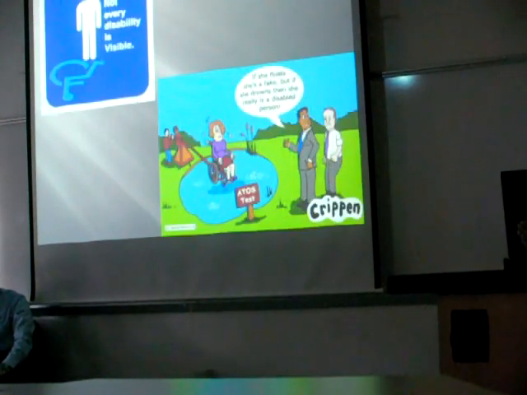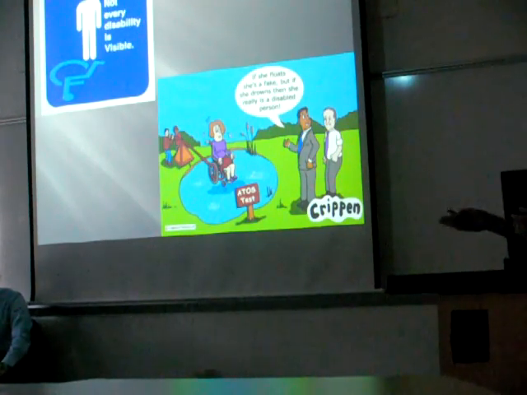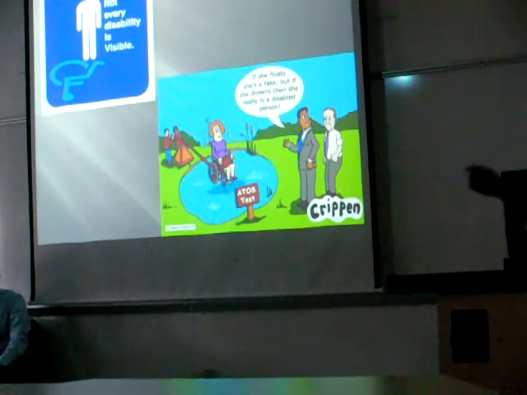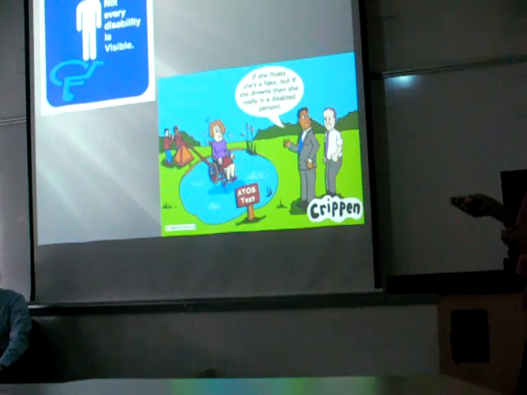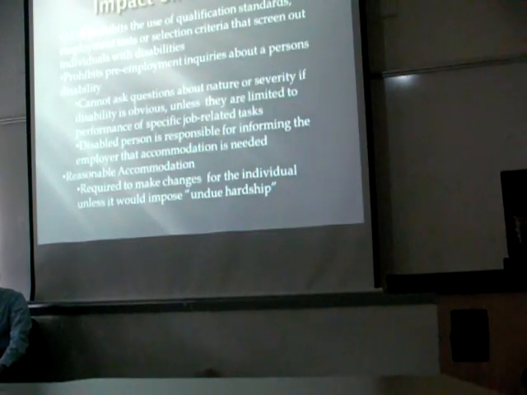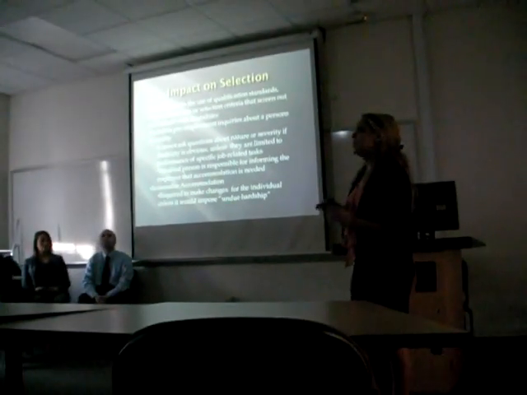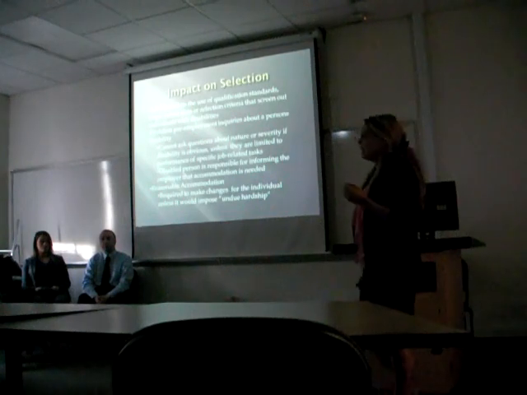And then this is just a little cartoon to show you how people sometimes don't take it seriously. Like maybe if you can't always see that someone's disabled, but you still need to be aware of it and be told. So it impacts selection because they're not allowed to take tests that'll screen people if they have a disability.